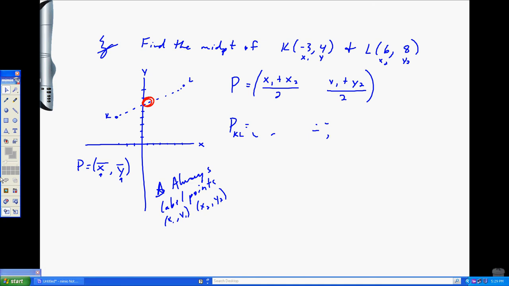Okay, so midpoint of K to L equals -3 plus 6 is 3 divided by 2, comma. The midpoint of the y is now 4 plus 8 is 12 divided by 2.